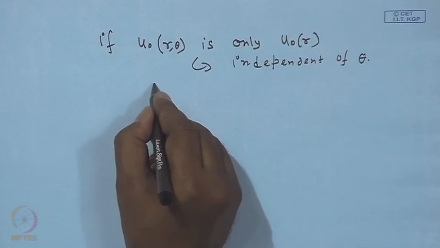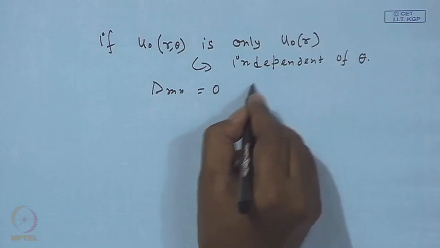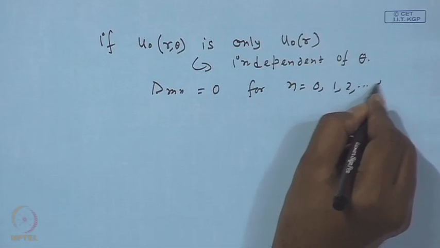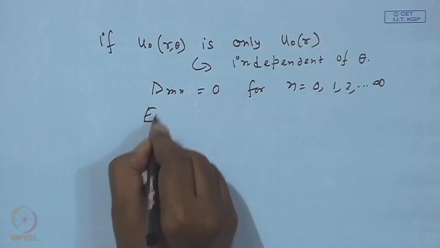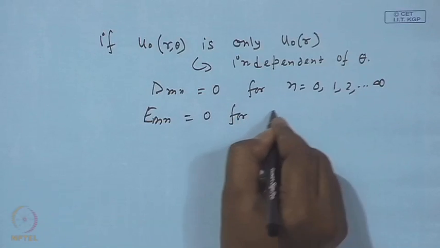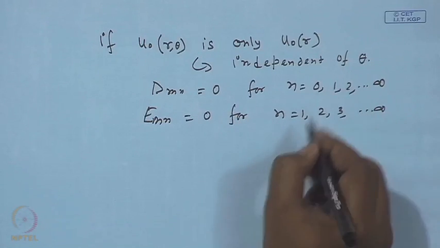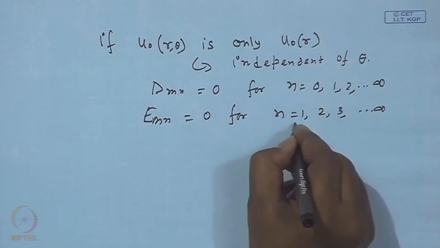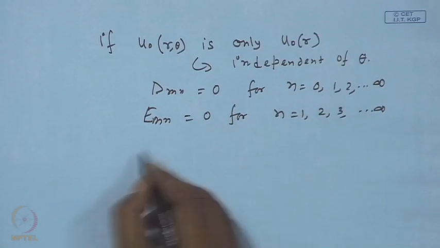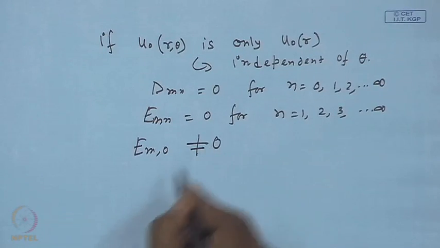then you will have d_mn equal to 0 for n equal to 0, 1, 2 up to infinity, and E_mn equal to 0 for n equal to 1, 2, 3 up to infinity. The difference here is that n starts from 1, 2, 3 for one and from 0, 1, 2, 3 for the other. So E_m0 is not equal to 0.